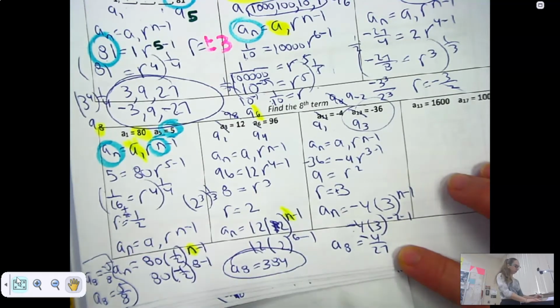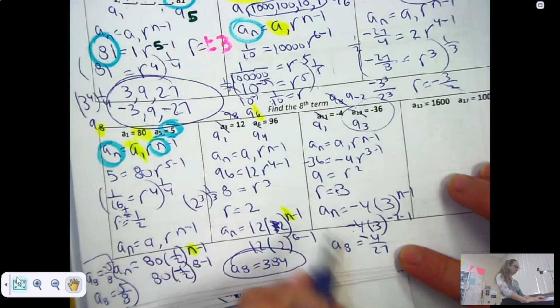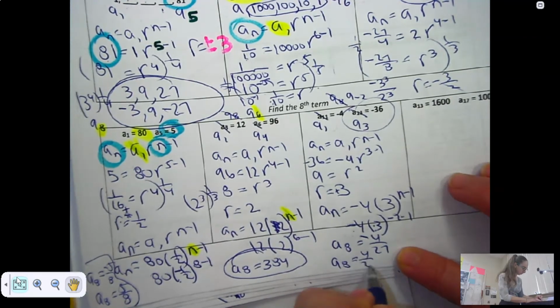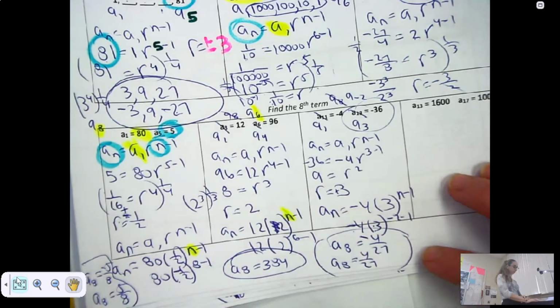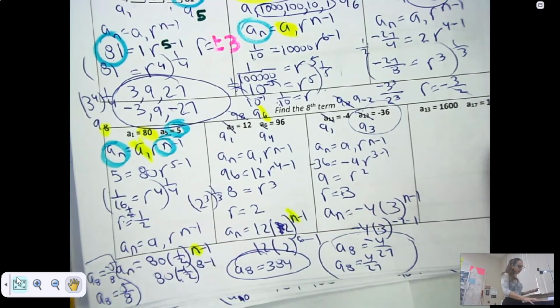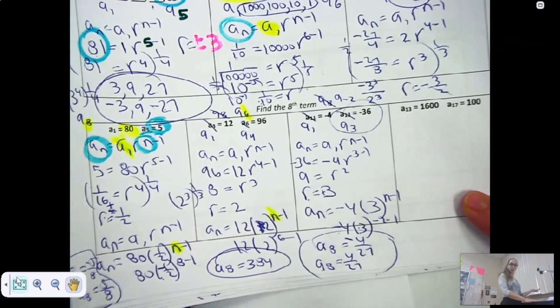But remember, if it's positive here, it could be negative there. So the other answer is positive. You can have a positive answer or a negative answer. That's pretty much what's going to happen when you get plus or minus. So if the ratio is plus or minus, the eighth term is plus or minus.